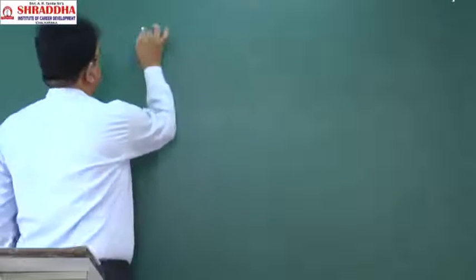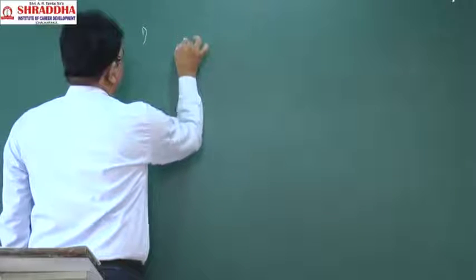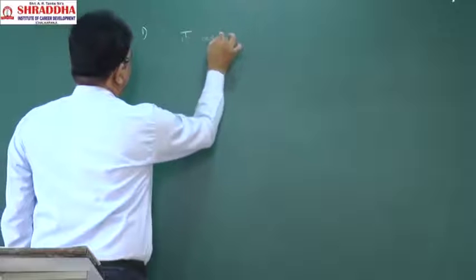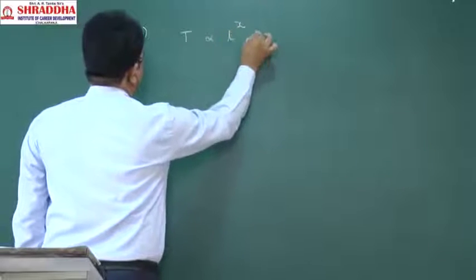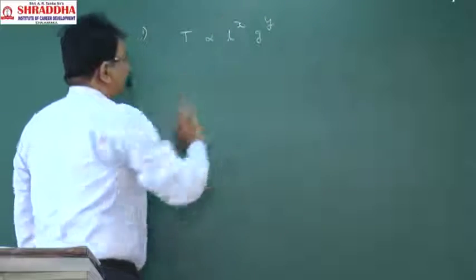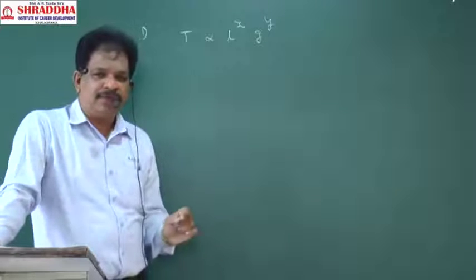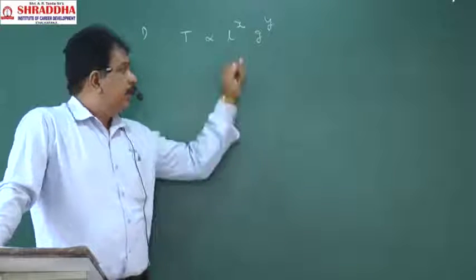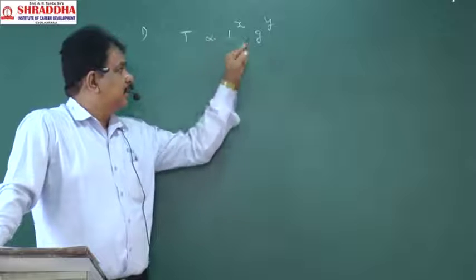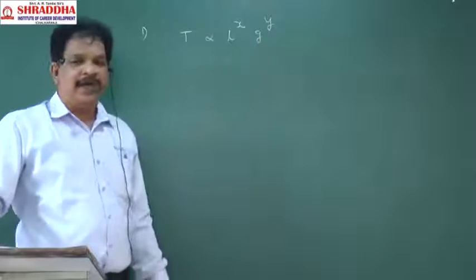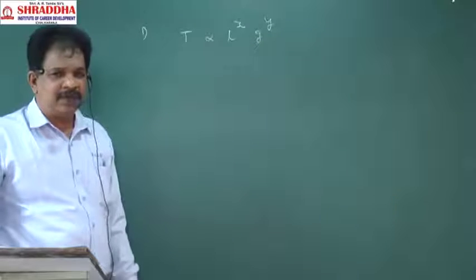For example, T proportional to L power x, g power y. Time period of a simple pendulum depends on the length, and depends on the acceleration due to gravity.